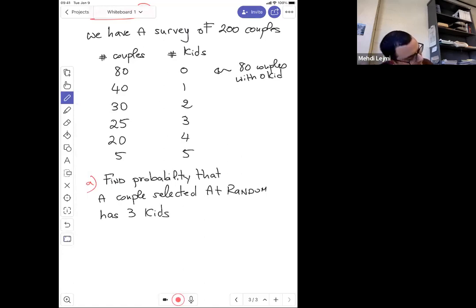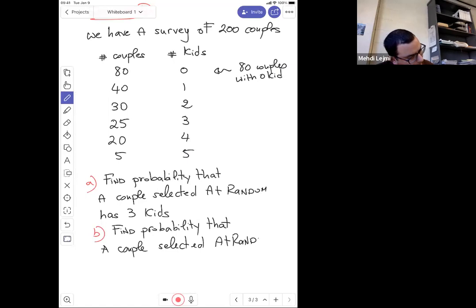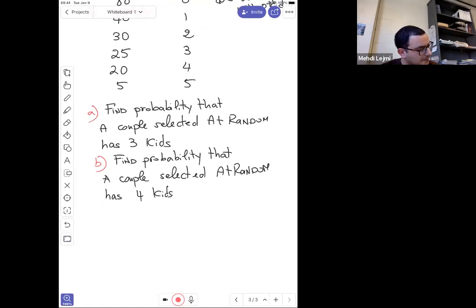B: find the probability that a couple selected at random, I mean, a random couple, has, let's say, 4 kids. Okay.